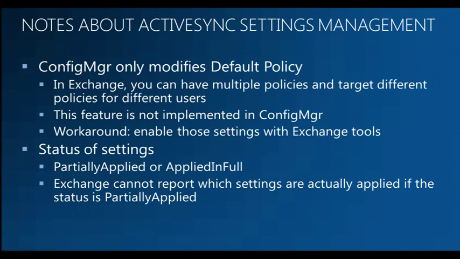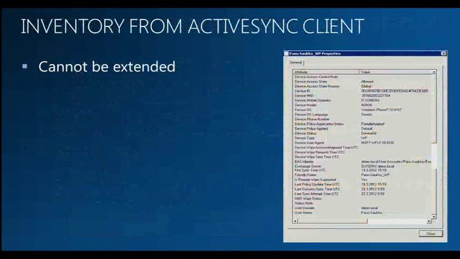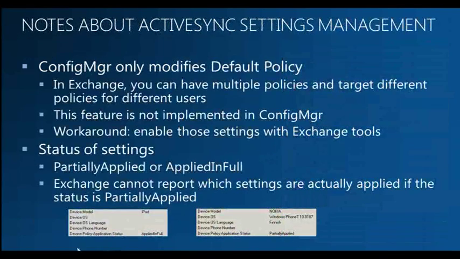But there is no way to know which setting hasn't been applied. Exchange doesn't report that information back to Config Manager. So you could see from here this device policy application status. Is it applied in full or partially applied?